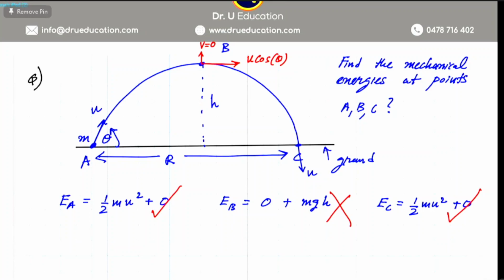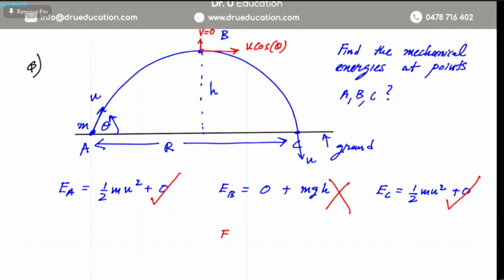There is a velocity, it gives a motion to break that situation. So, u cos theta. So, this should be EB, half into m, u cos theta, the whole thing squared, plus mgh. That's the right thing.